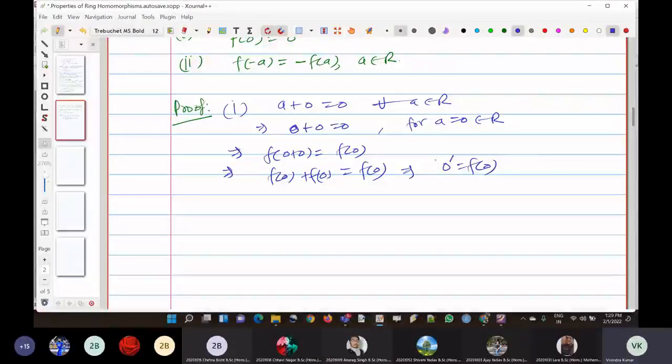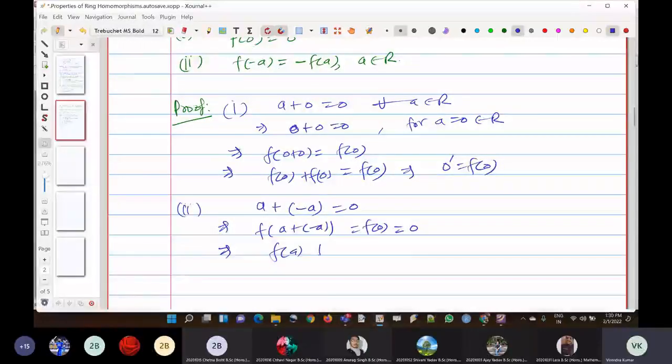And in the future, we will be writing 0 only. The second one, we can see that a plus negative a equals 0. So we can apply f on both sides. And on the right side, we will be getting f of 0, and this is 0 because of the first property.